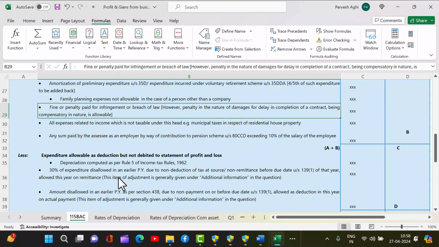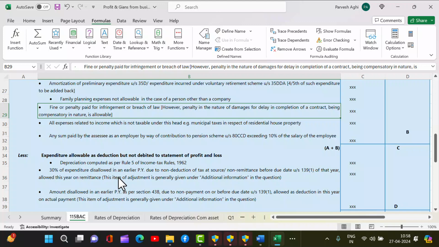Fine or penalty paid for infringement or breach of law. So suppose you have paid any fine or penalty, that will be disallowed. Just read this full again. Fine or penalty paid for infringement or breach of law. However, penalty in the nature of damages for delay in completion of contract being compensatory in nature is allowable.